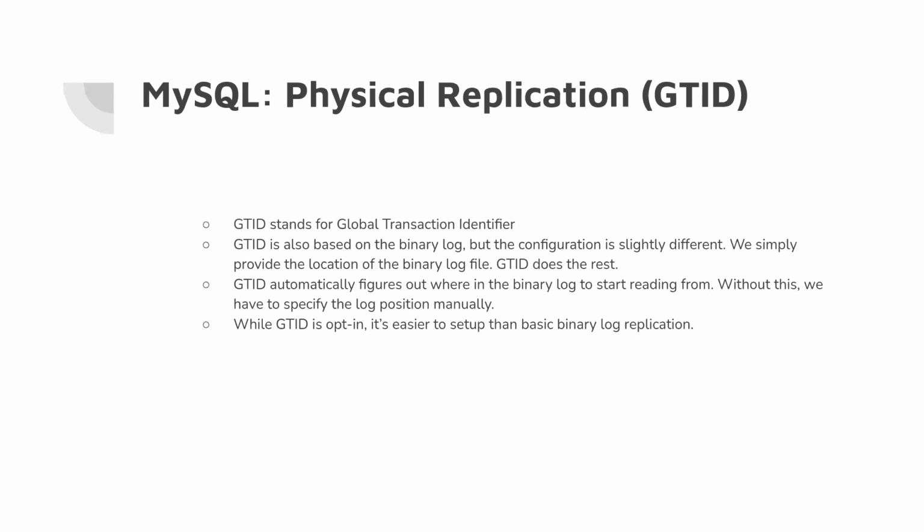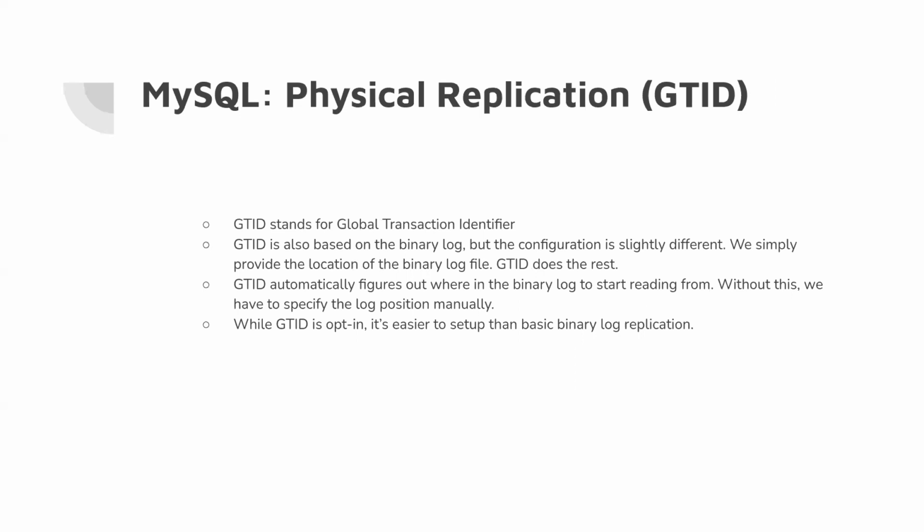There's another method though called GTID, or global transaction identifier. And this also uses the binary log, from my understanding, but the configuration is slightly different, and it's based on the position of the binary log.